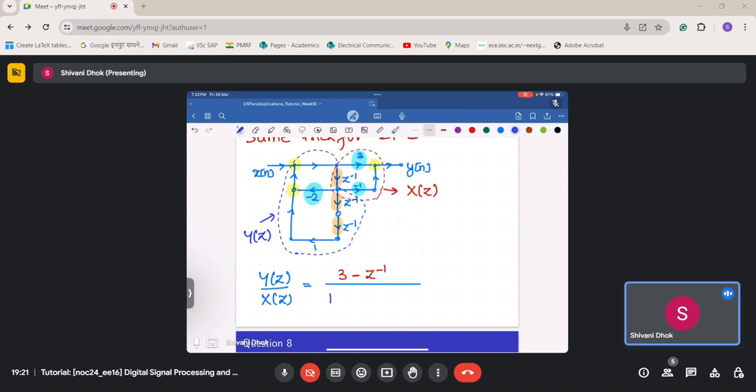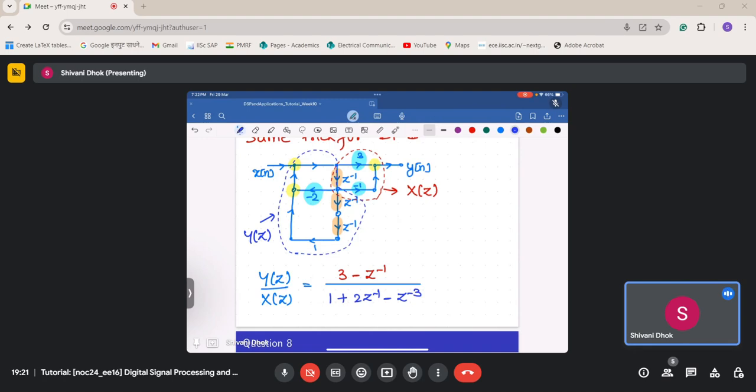So instead of -2, we'll take plus 2z inverse. Then we have y of z multiplied by z inverse three times, so we have y of z into z to the power -3, and this gets multiplied by 1 here, which means that in the feedback it should get multiplied by -1. So then we'll have minus z to the power -3.